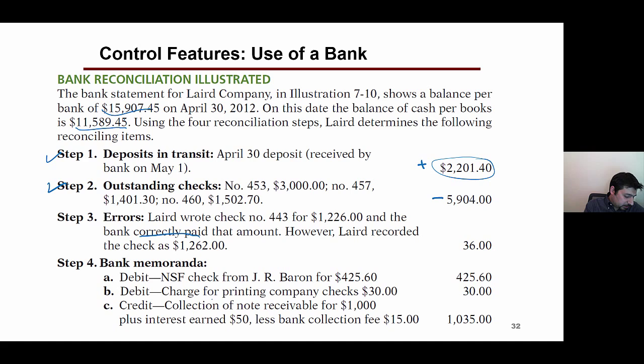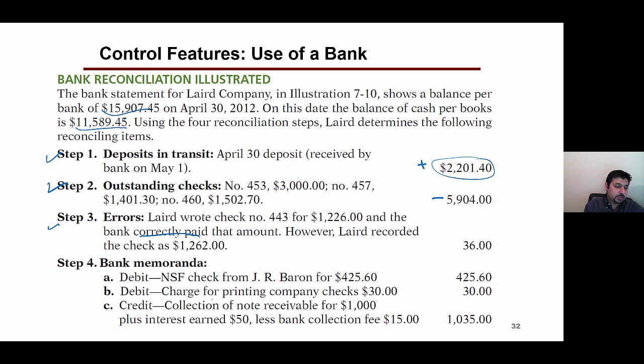We had an error, so this one needs to be done here, and then we had an NSF check, we had a charge, and the bank collected a note receivable for 1,000, and the interest on that note receivable was $50. So the company basically received $1,050, but the bank also charged a collection fee of $15.